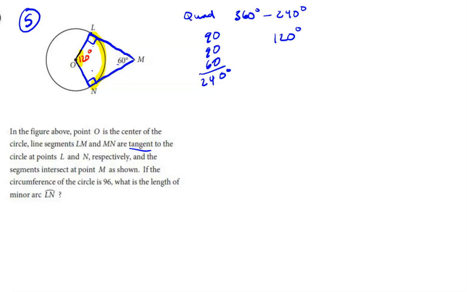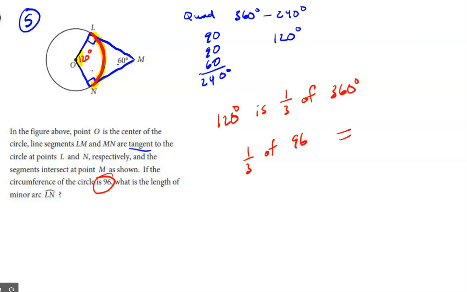And so this arc is linked to that. Since 120 degrees is 1/3 of 360, it's 1/3 of the entire circle. If they told me the circumference is 96, 1/3 of 96, if I just divide that by 3, looks like 32.